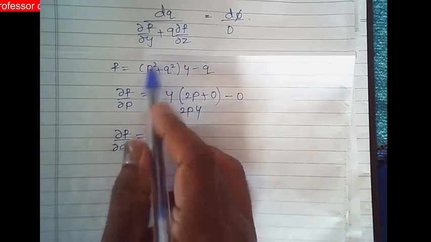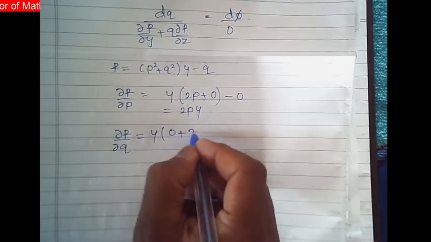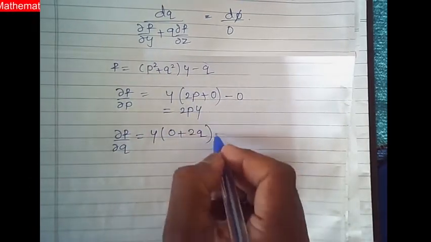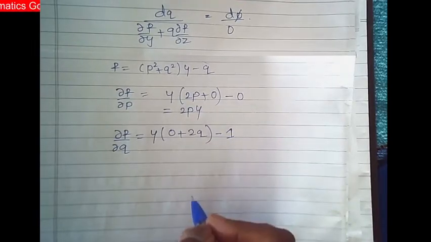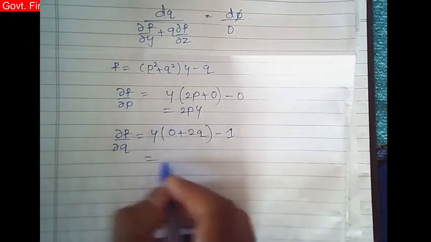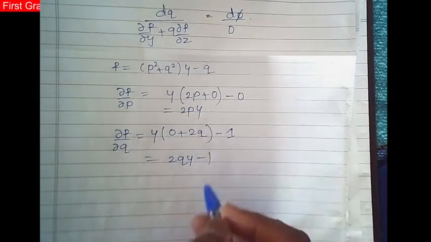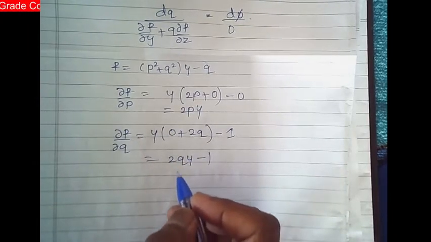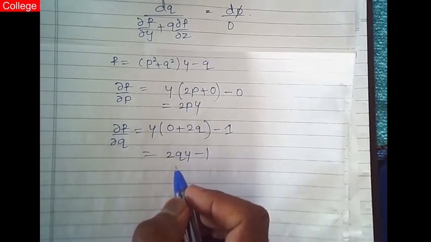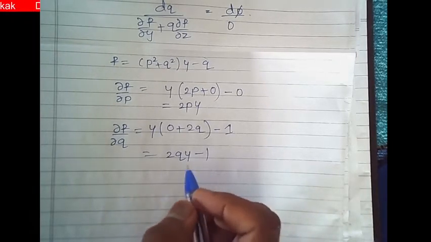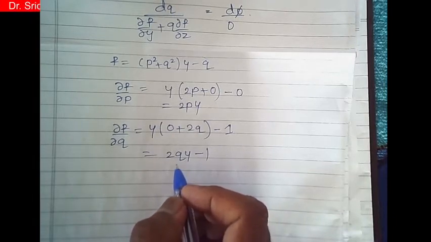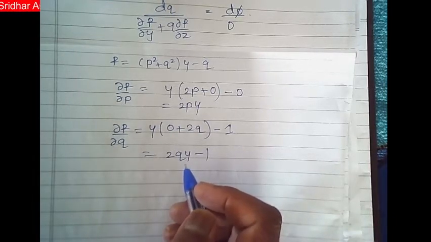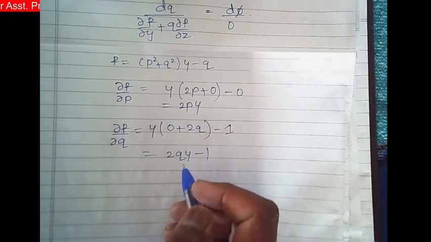Differentiation of p is 0, here 2q, then minus differentiation of qz with respect to q is z, which is equal to 2qy minus z. So dou f by dou q is equal to 2qy minus z.